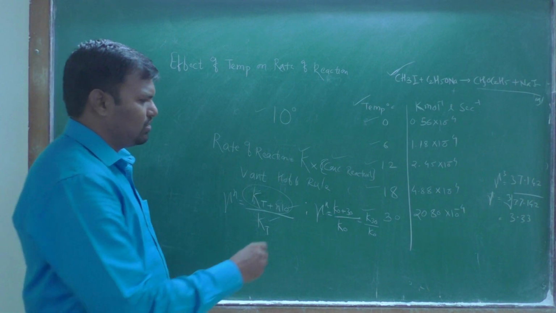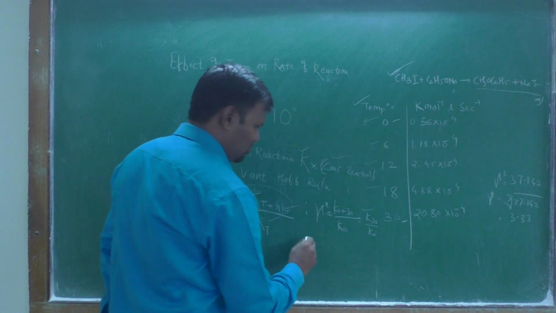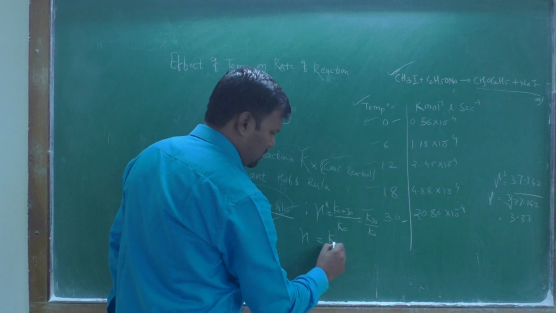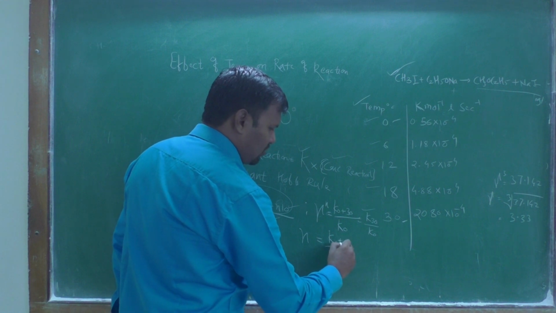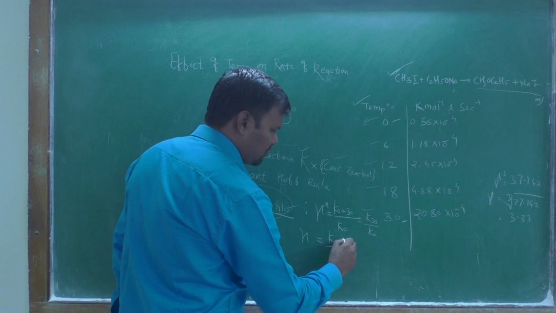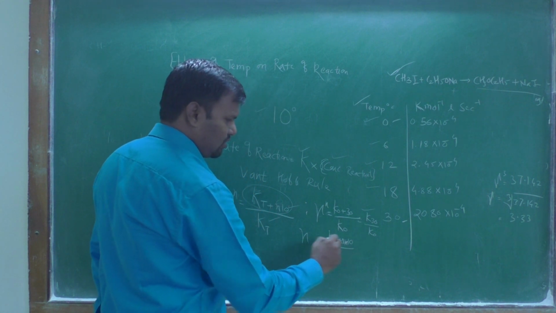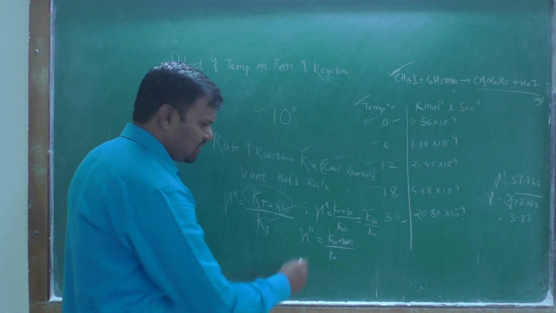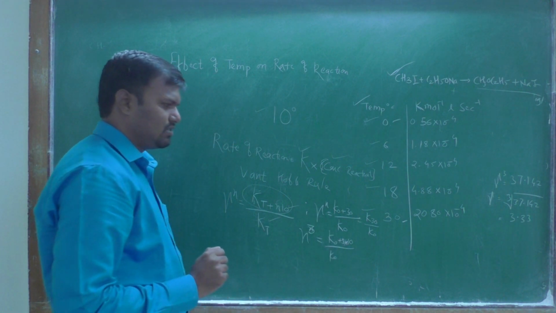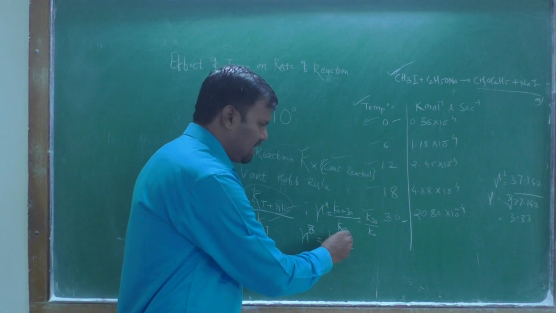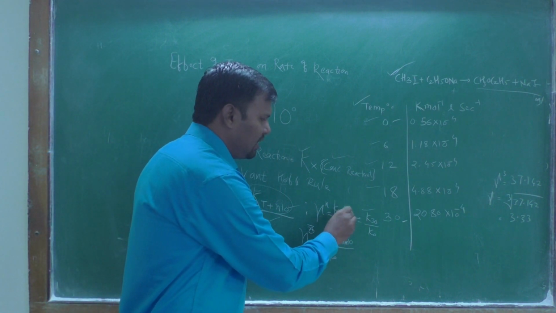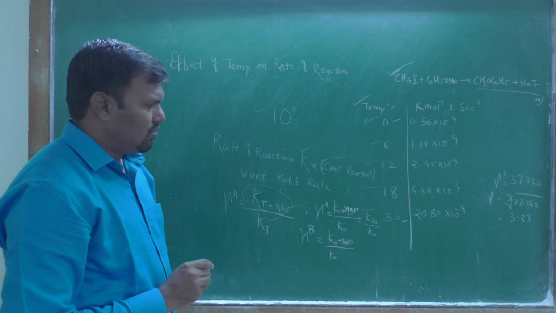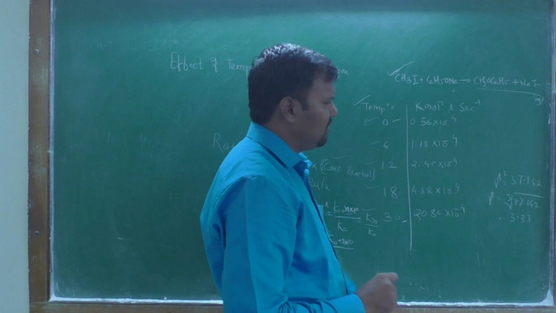When you put these values in this equation, gamma raised to n, where n into 10 is 30, n becomes 3 in this case. Because from 0 degrees to 30 degrees, n into 10 becomes 30.